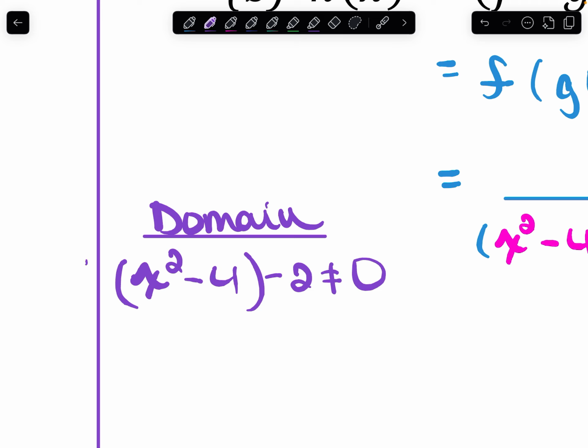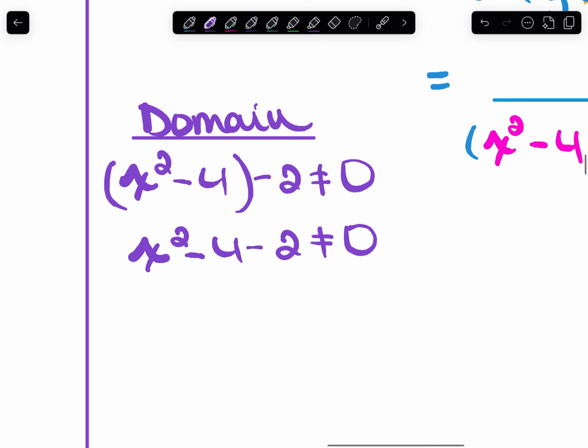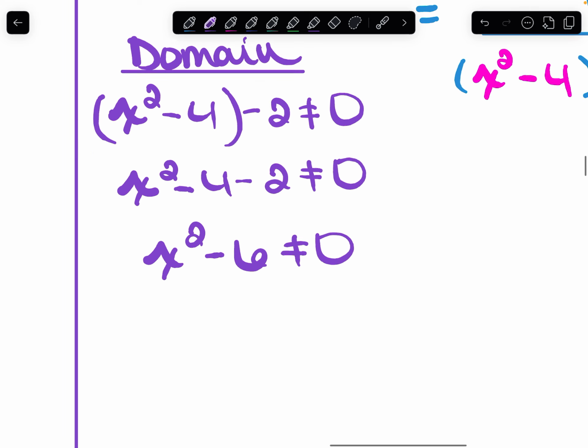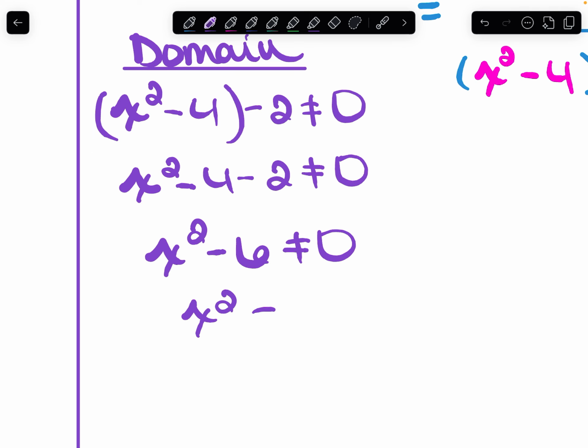So these parentheses are not necessary on this problem because there's no exponents or distribution that's got to occur. So we can drop them. And then we combine like terms. Negative 4 plus negative 2 is negative 6. We add 6 to both sides. x squared is by itself, so then we can square root.